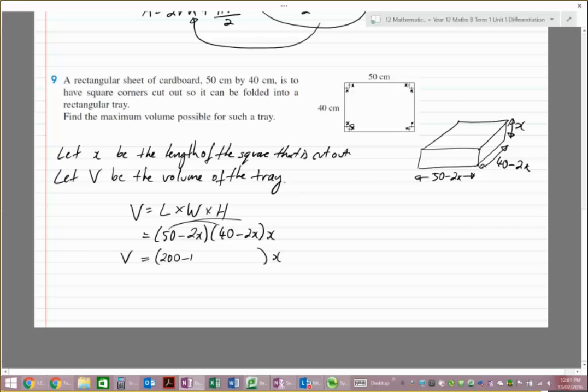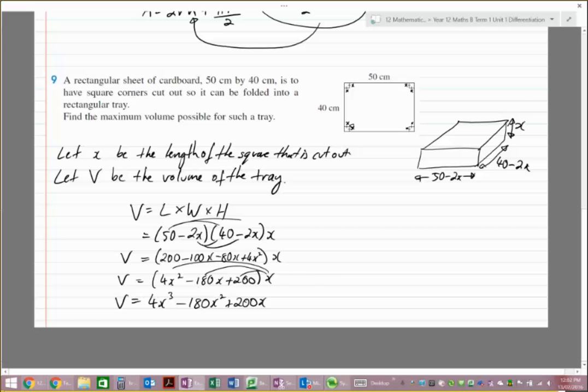So 200 minus 100x minus 80x plus 4x squared. Yeah, you do some collecting like terms in here. Maybe put it in the correct order as well. And now I can expand the x to all of these guys. Okay, that is the formula that you're going to have to optimize.